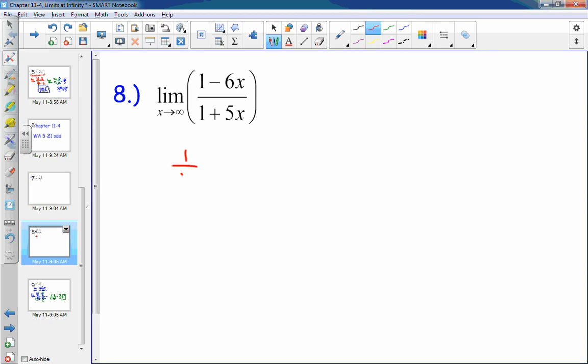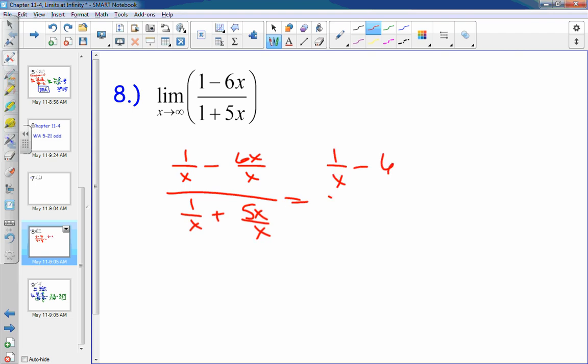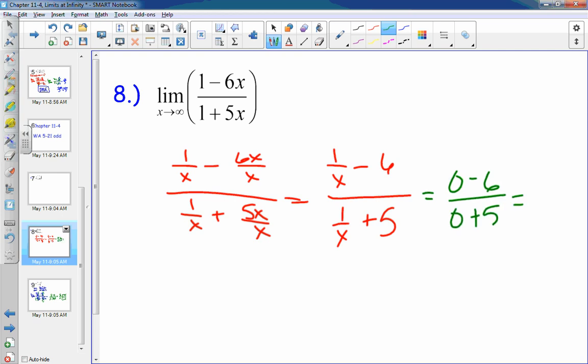So I have 1 over x minus 6x over x, all over 1 over x plus 5x over x. So this is going to give me 1 over x minus 6, all over 1 over x plus 5. What does 1 over x approach? Minus 6 all over, what does 1 over x approach? Plus 5, which approaches negative 6 over 5.